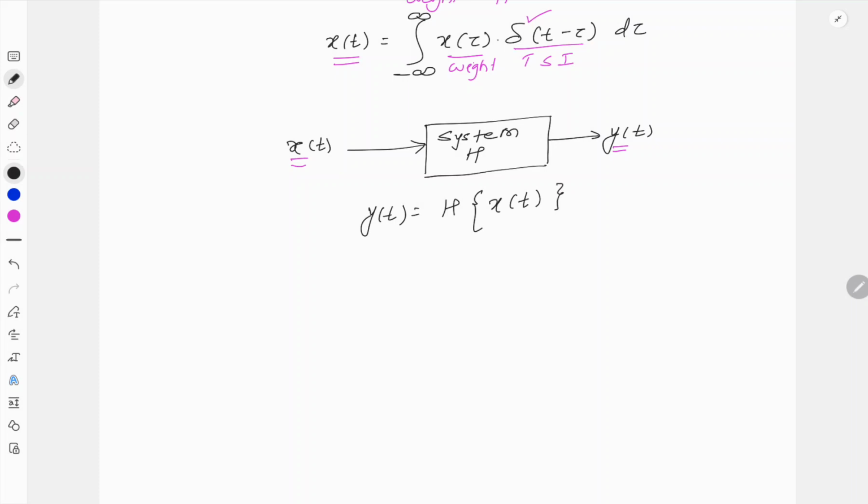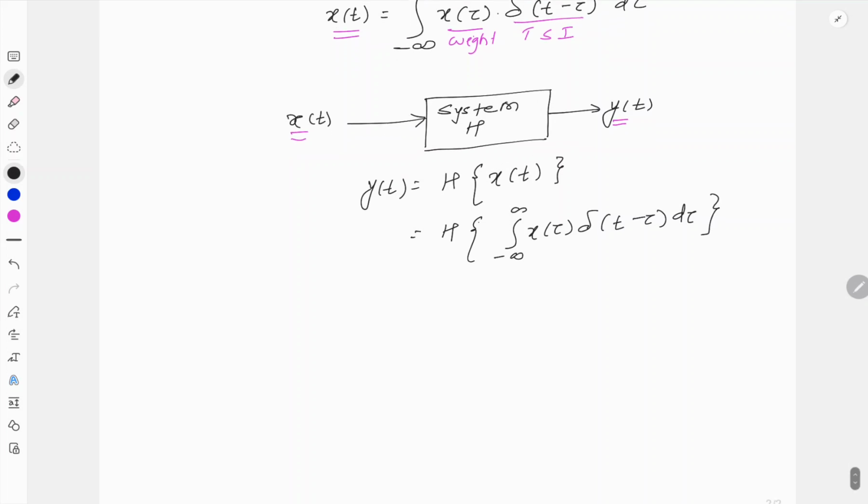Now we have the representation of x of t in terms of impulse. So h operating on x of t is given as the integration from minus infinity to plus infinity of x of tau, sorry, it is not h, it is delta of t minus tau d tau. It is the generalized input output relationship for any system.